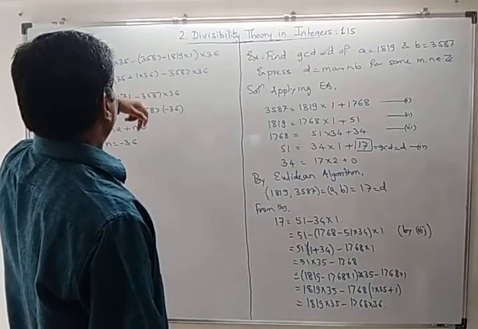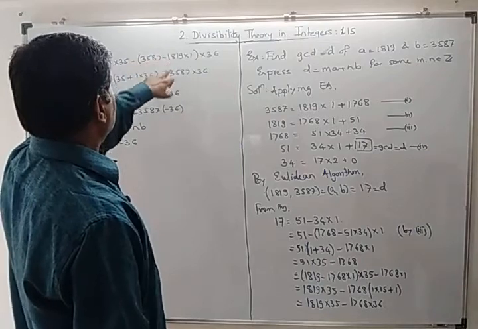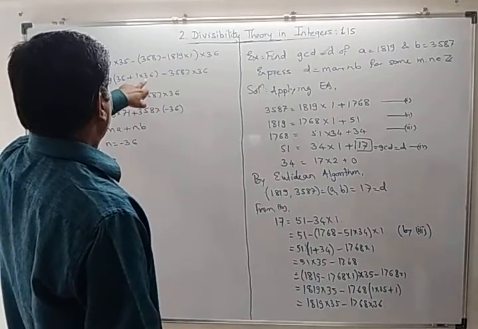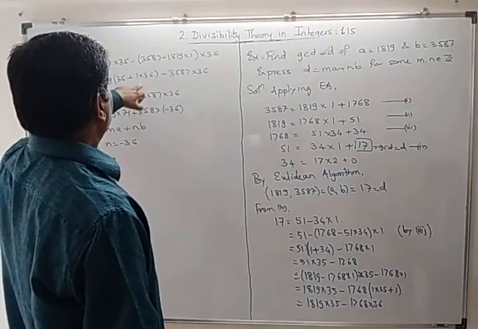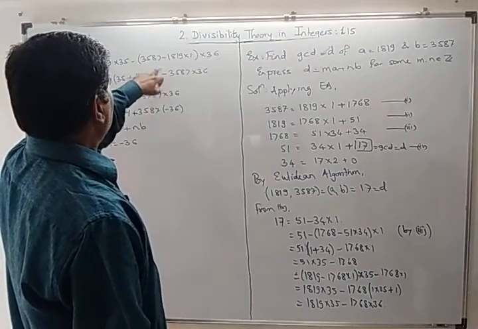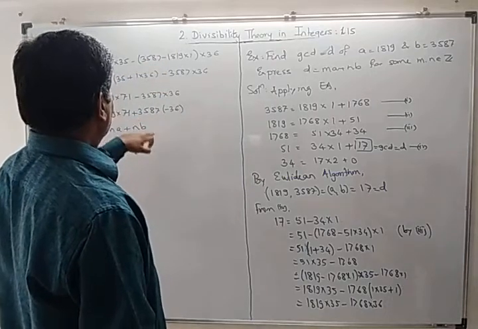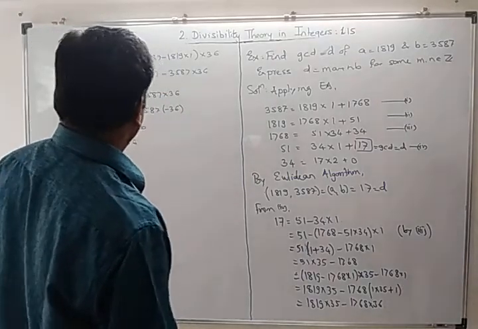So this is your 35 plus 36, 71, okay, and minus 3587 into 36. It is correct. Then what is the problem?